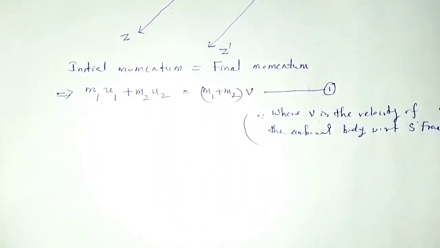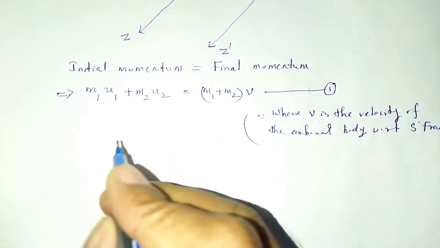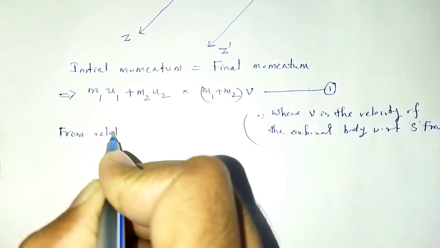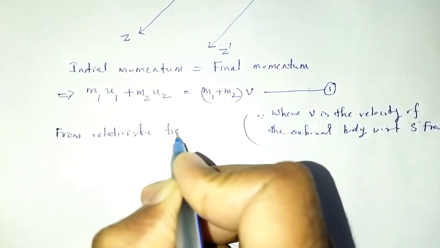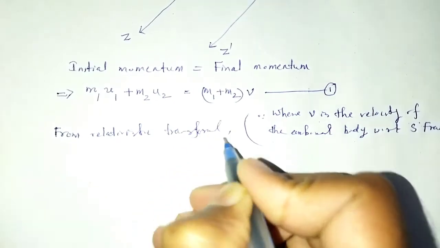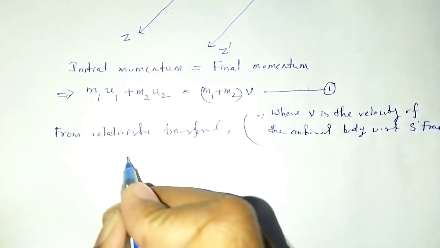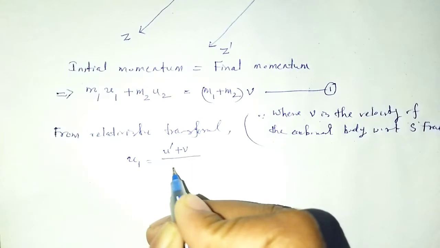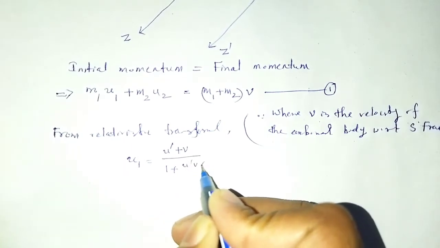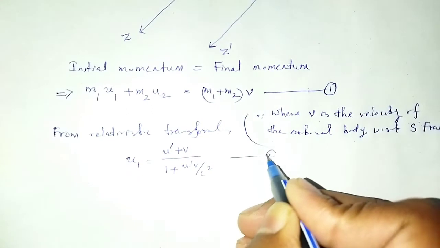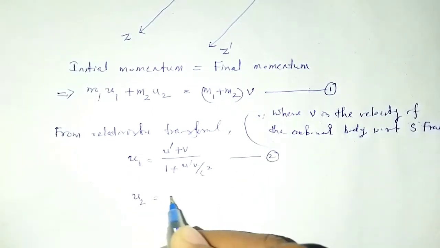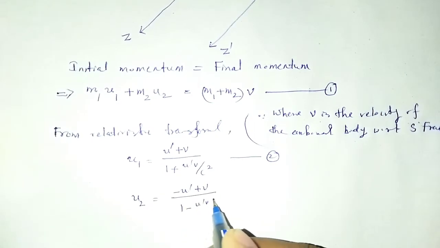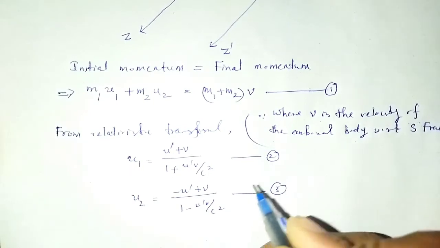But from the relativistic transformations, we achieve u1 is equal to u' plus v divided by 1 plus u'v divided by c square, equation number 2, and u2 is equal to minus u' plus v divided by 1 minus u'v divided by c square, equation number 3.